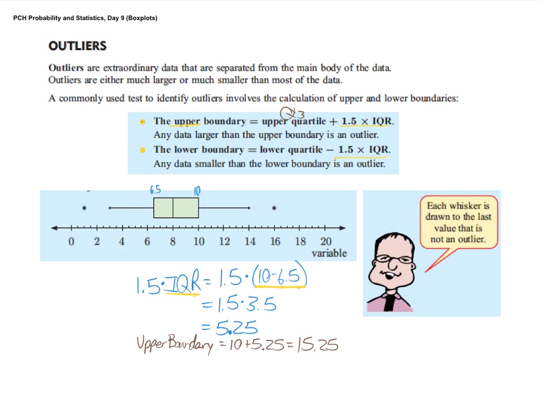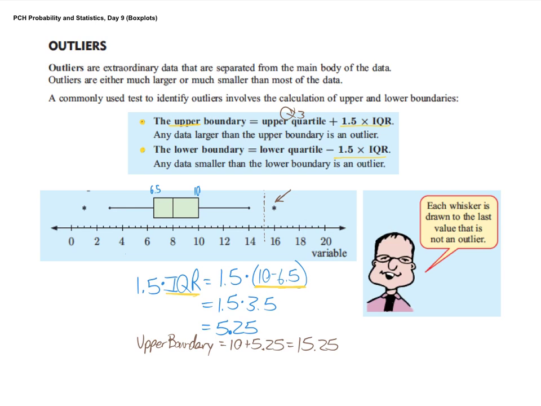Now, one thing some students like to do, you don't have to do this, but sometimes students will like to put a dotted line where that upper boundary is. So 15.25 would be right here. You'll see that's why this data point right here, we put a little asterisk.